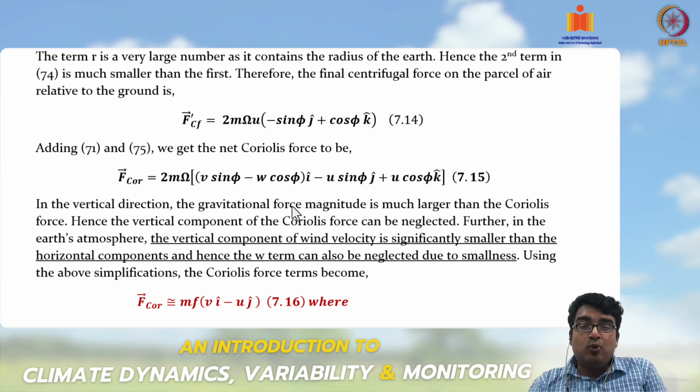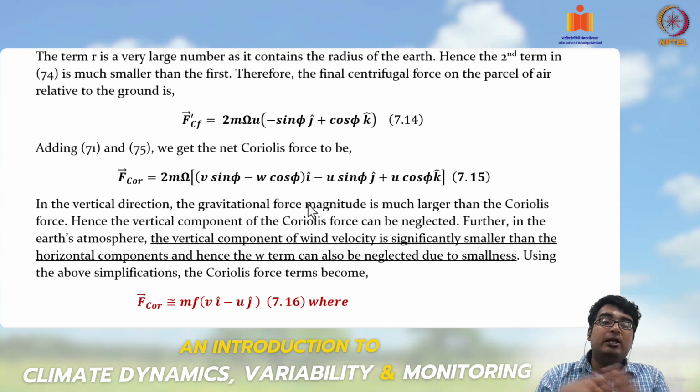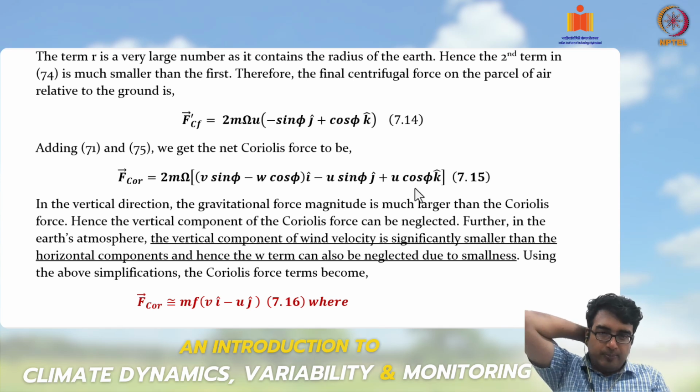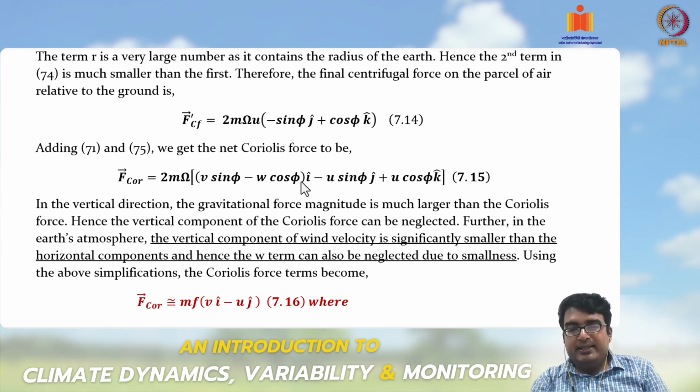So, close to the equator, this simplification will not work and we have to use the entire expression. Okay. This is another important point. However, in all other places, we can neglect the k term and the w cos phi I term.